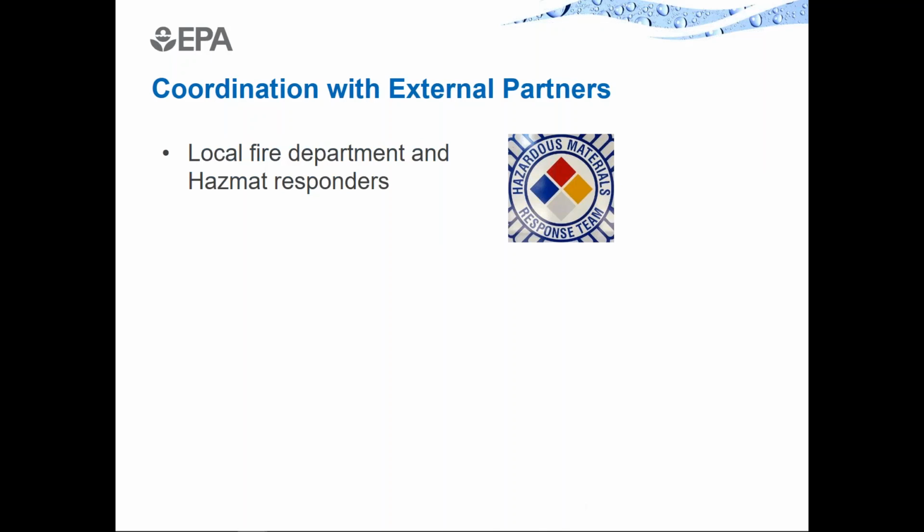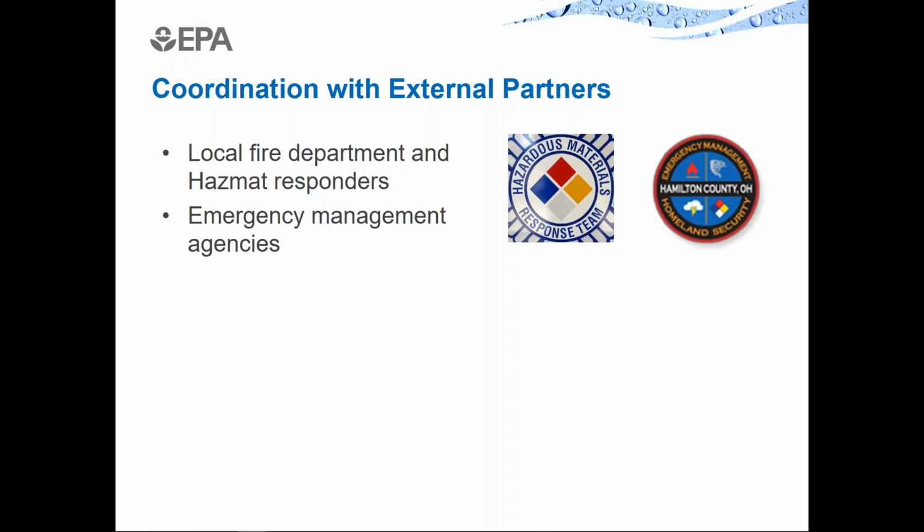Likewise, especially when you get to the response side of the program, the project team will almost certainly need to engage with external partners. Some common partners that have been engaged with for these types of response planning activities include local fire departments and hazmat responders that might support various field operations during an emergency, emergency management agencies that can help coordinate response activities.